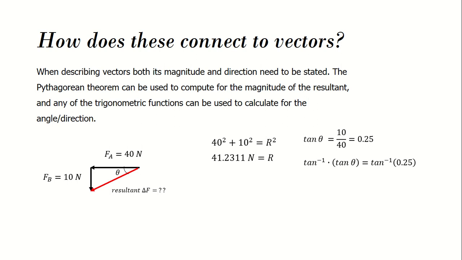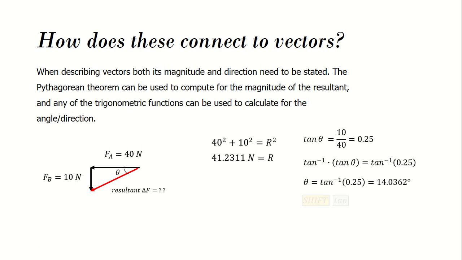If you do that, you will be able to cancel the tangent on the left side of the equation, and on the right side, you have the inverse tangent, or the arctangent, of 0.25.